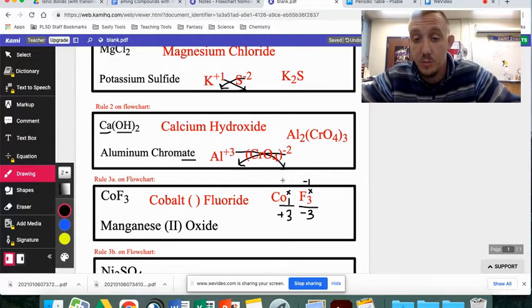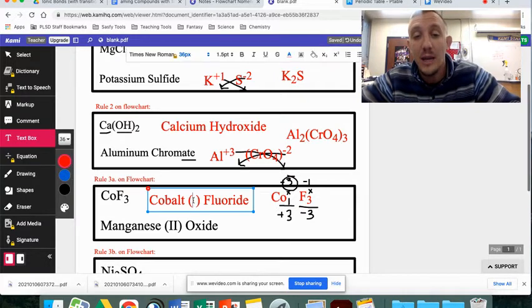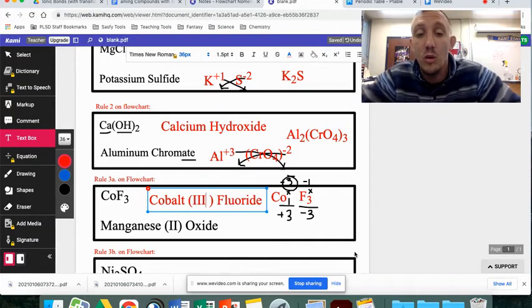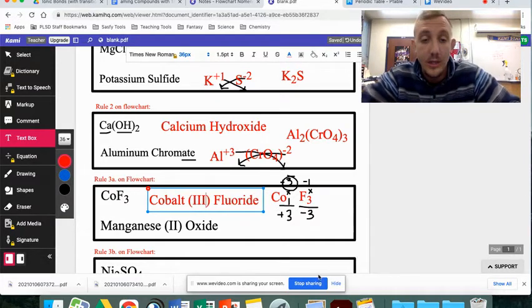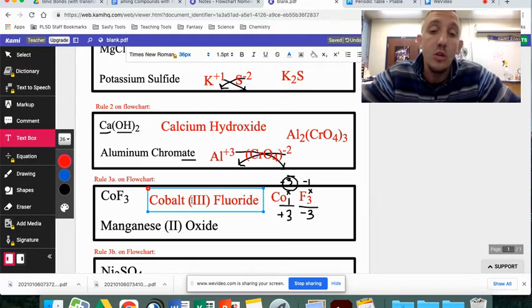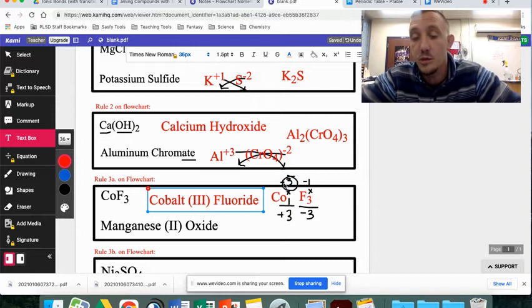Your answer is +3. So cobalt has a charge of +3, and because it has a charge of +3, that tells me my Roman numeral is going to be 3. So it's cobalt(III) fluoride. The Roman numeral represents the charge.